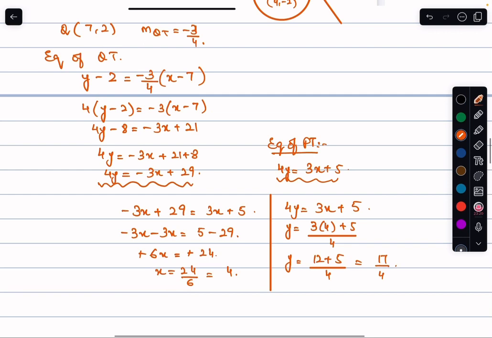So I can very well say that T has coordinates 4 comma 17 by 4, or it can be written as 4 whole 1 by 4. So this is what the answer for this question is going to be.